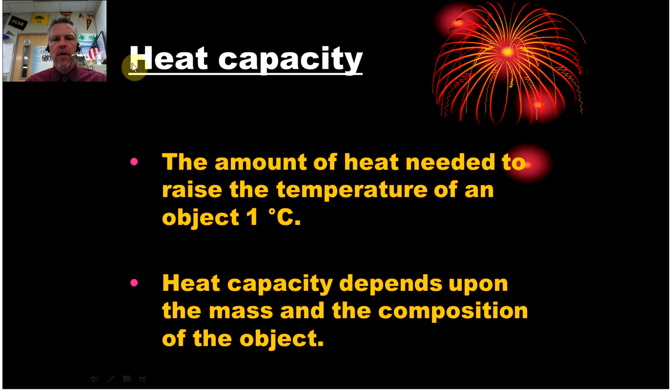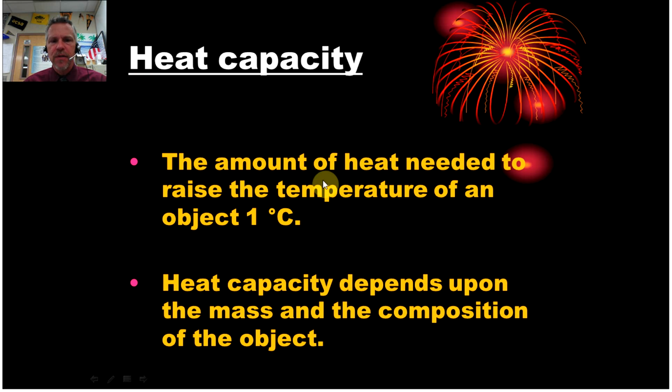There's a concept called heat capacity, and this is how much heat an object can absorb, basically. We define this as the amount of heat needed to raise the temperature of an object or a compound by 1 degree C. So it sounds a little bit similar to that definition for calorie that we had, but notice the important difference. This is the amount of heat needed to raise just the temperature of an object.